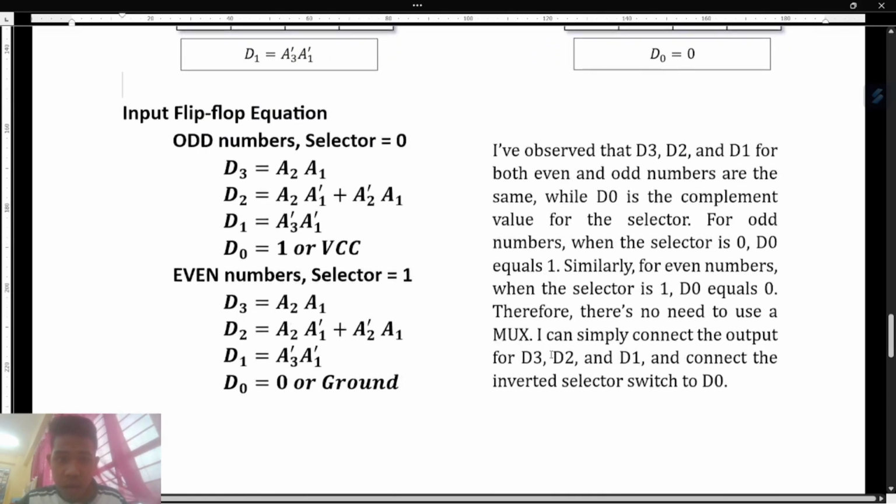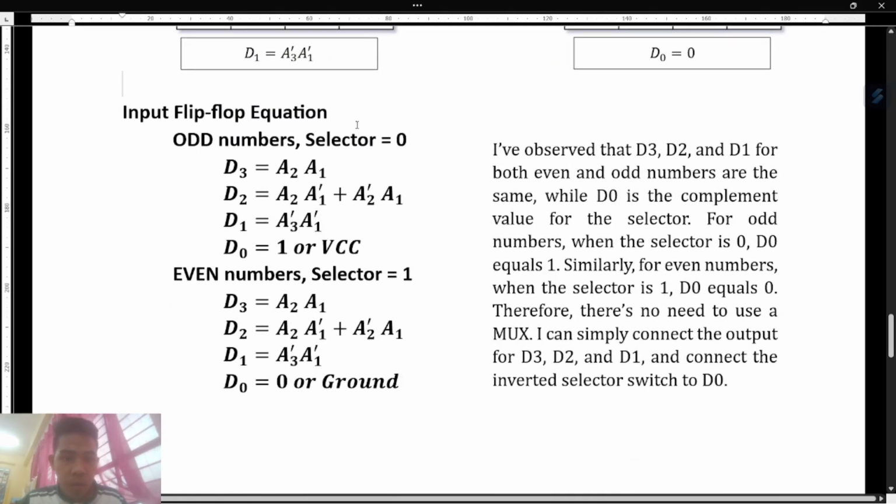So in summary, the input flip-flop equations for odd numbers, when the selector is equal to 0: D3 is equal to E2, E1. D2 is equal to E2, E1 prime plus E2 prime, E1. D1 is equal to E3 prime, E2 prime.